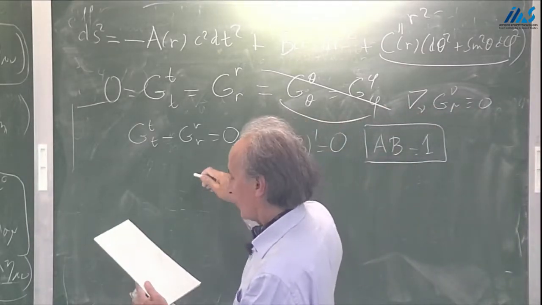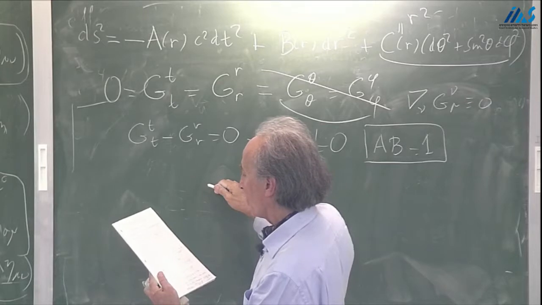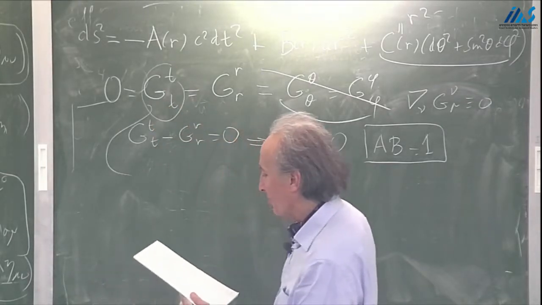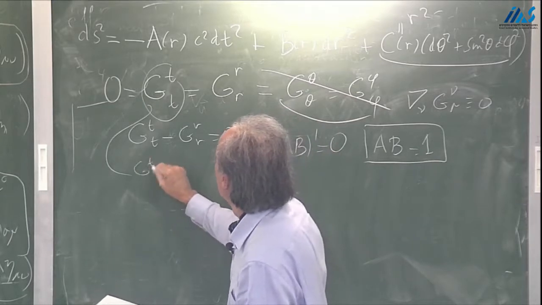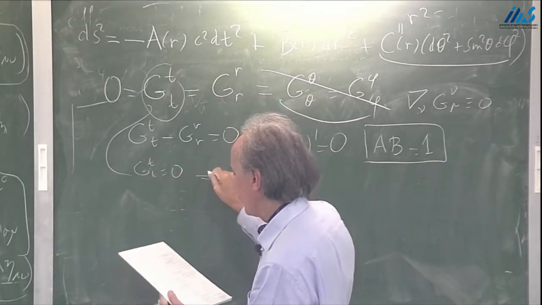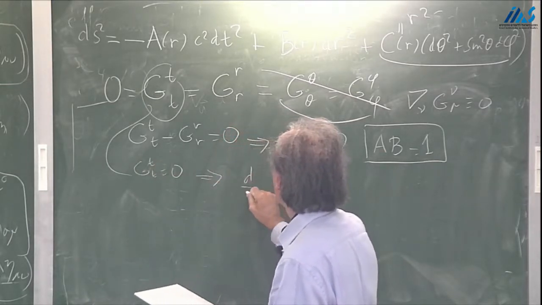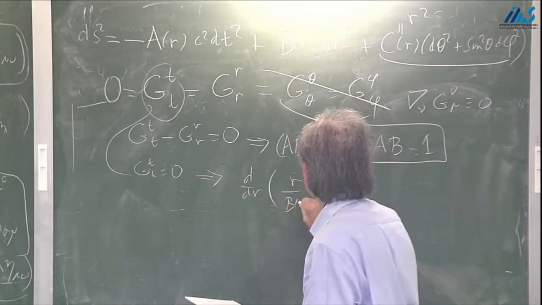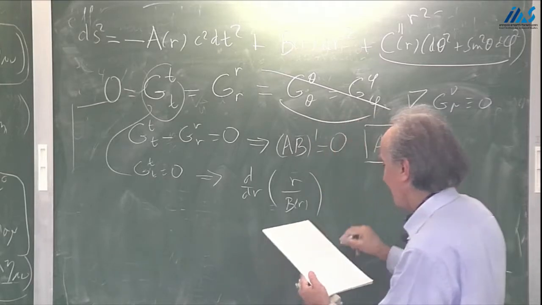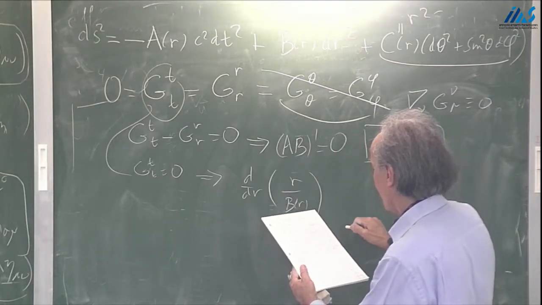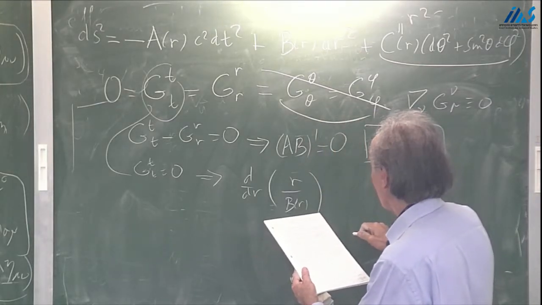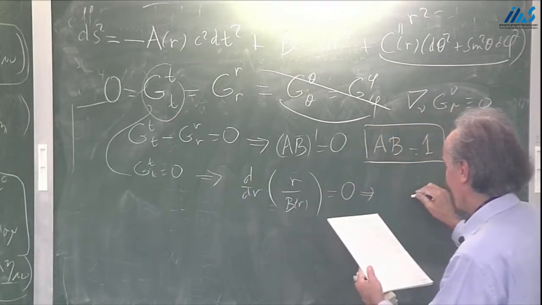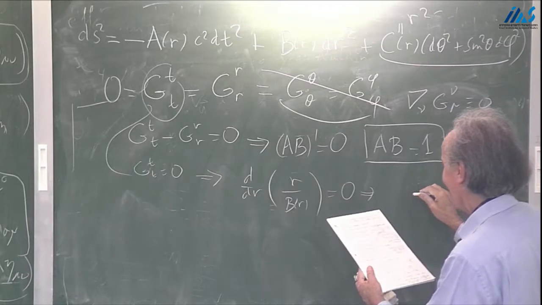And now you can write the other equation, which is GTT equals 0. And this equation, when you write it explicitly, gives that the radial derivative of r divided by the B function is, no, it's not, I don't mean is equal to 0, which means that, is this what I mean?